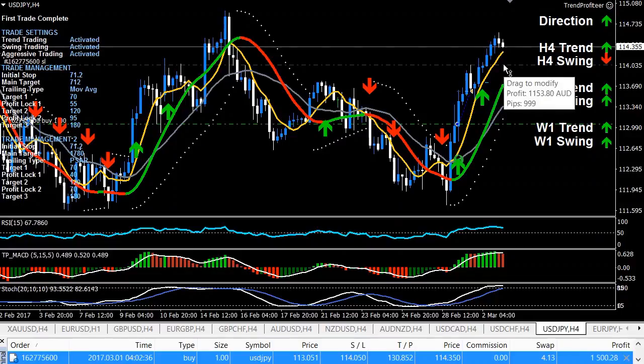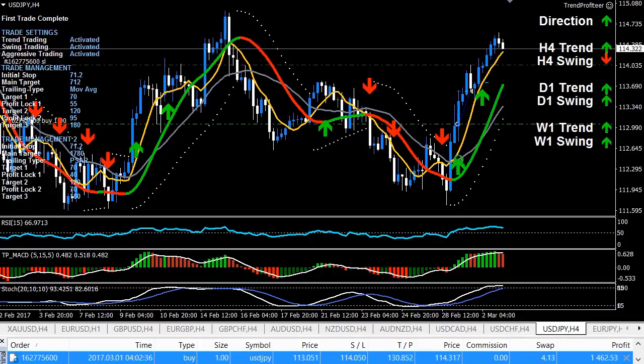When the money gets bigger, even though this is on a one lot trade, it's still serious money. $1,500 is $1,500. I can think of a lot of things I could do with that, and I'm sure you can too. So, right now, I'd like to lock in some profits, and we may be experiencing a bit of resistance, but I don't really care at the end of the day because all I care about is the end result. So I've decided to lock in some profits, and let's see how we go.